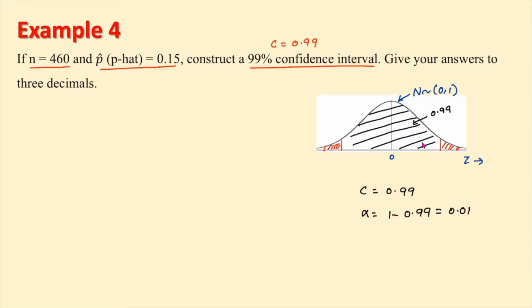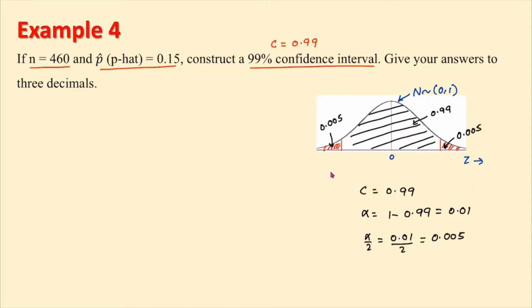So if we divide that by 2, the value of alpha over 2 will be 0.01 divided by 2, which is equal to 0.005. So this area here is 0.005, and similarly this one is 0.005. In other words, you have 99% area in the middle, and the remaining 1% is divided into two parts: 0.5% area on the right tail and 0.5% area on the left tail.